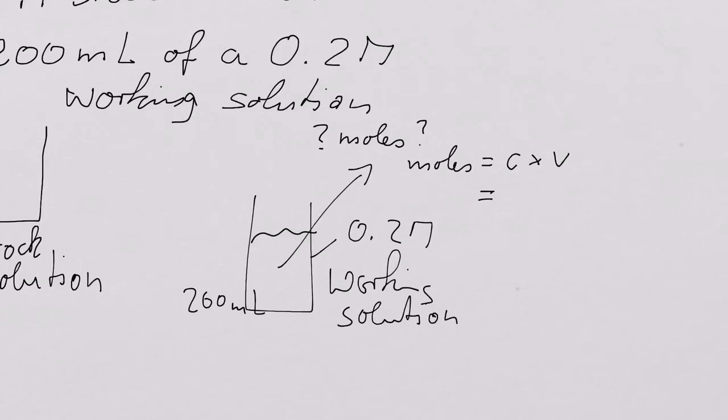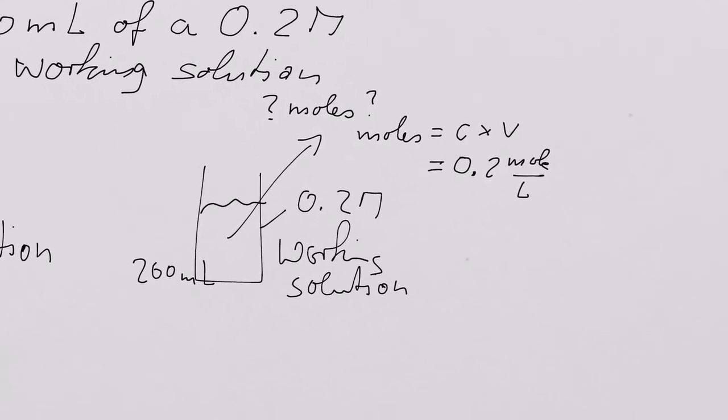Equals, the concentration is 0.2 mole per liter, and the volume, we need to have the same units. The volume is 0.2 liters. That's my 200 milliliters here. Are you happy with that?